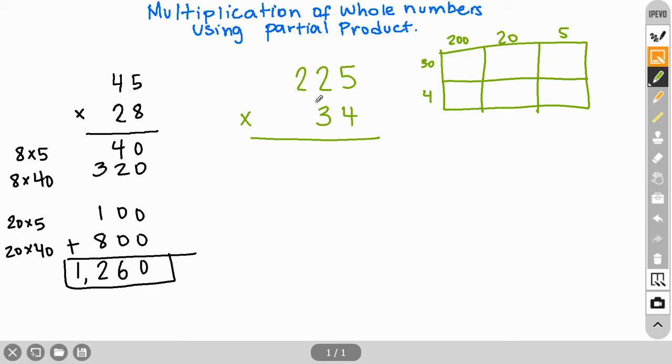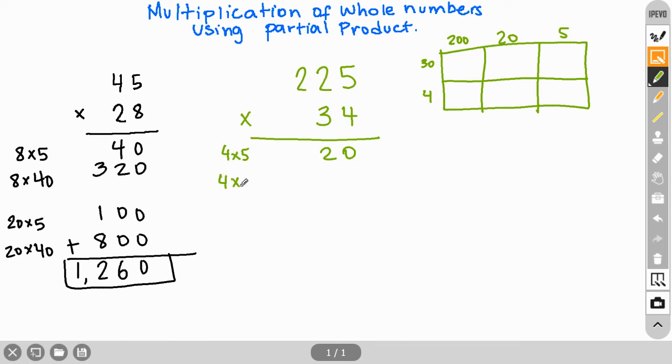So let's try, remember, looking at the bottom, I have 2 digits. These 2 digits have to be multiplied by all 3 of them at the top. So let's start with the 4 and do all 3 here. So it's 4 times 5 equals 20. Then 4 times 2, which is not a 2, it's a 20.